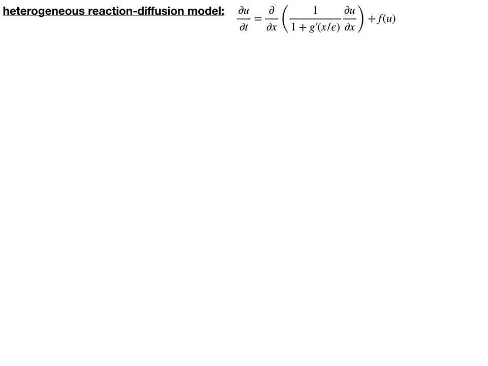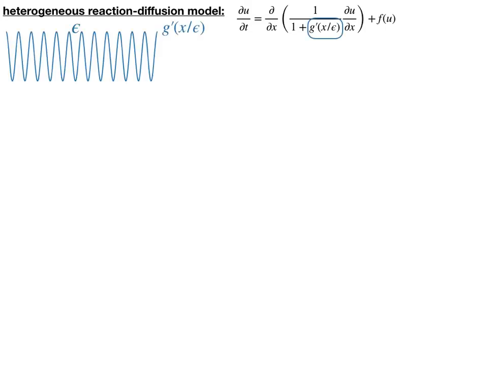You could take different forms, but the basic idea is that you're going to divide the baseline homogeneous diffusion coefficient by 1 plus g prime of x over epsilon, where g prime of x over epsilon is going to be some periodic function. Okay, represented here on the left is something like a sinusoid that is mean 0, and epsilon is small, as it always is, as you've probably encountered mostly in this class.